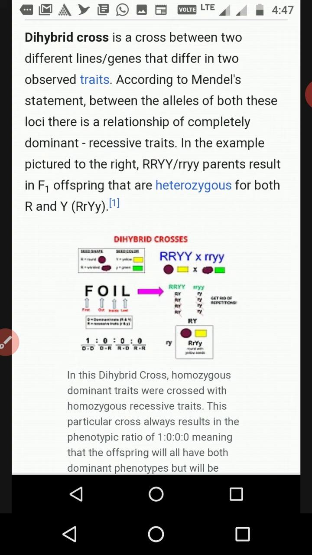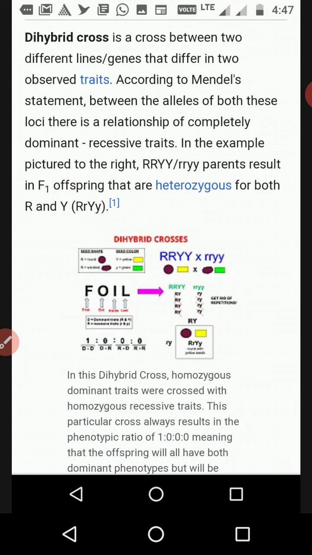Not full seed, shrunken. Another word is shrunken or wrinkle. And the small r shows shrunken or wrinkle, and the other, small y, is another factor or allele, and it always shows the green color.